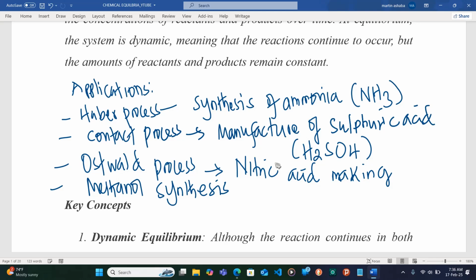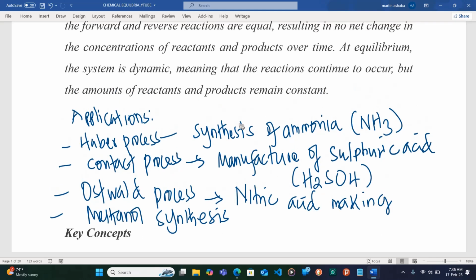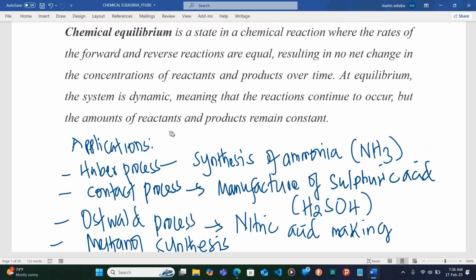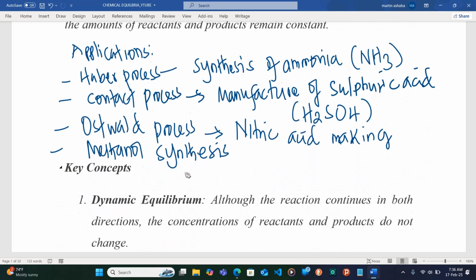Methanol itself is a solvent and can be used as a fuel, and so the process through which we manufacture this methanol requires us to understand the processes through which the chemical reactions are occurring so that we are able to design processes or put measures in place to ensure that we have an optimized chemical reaction.